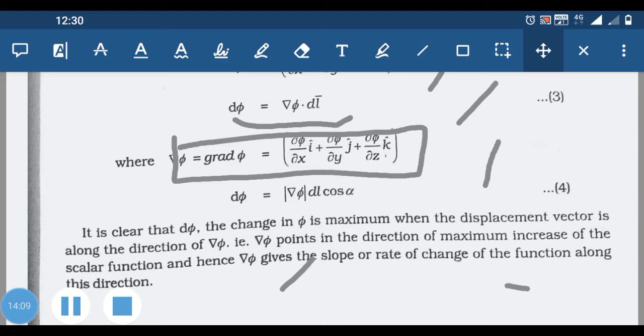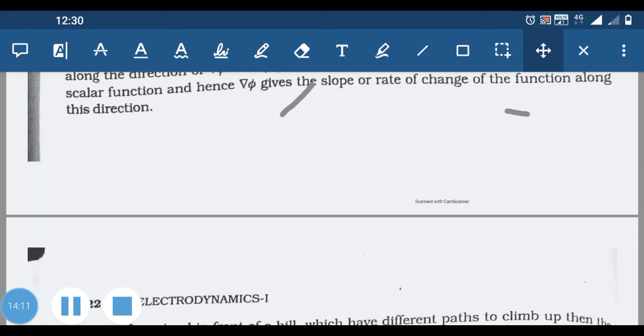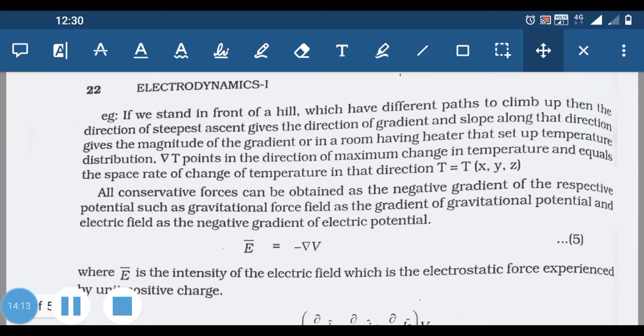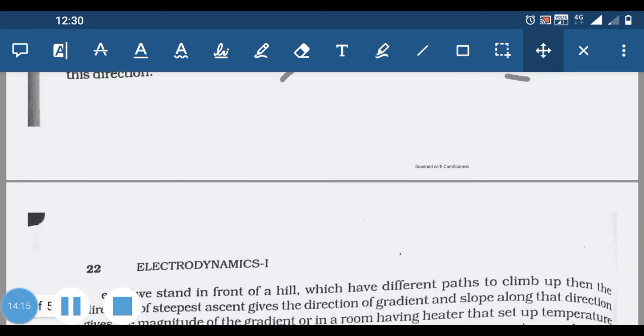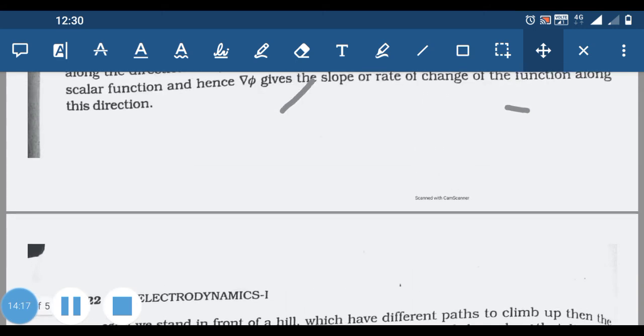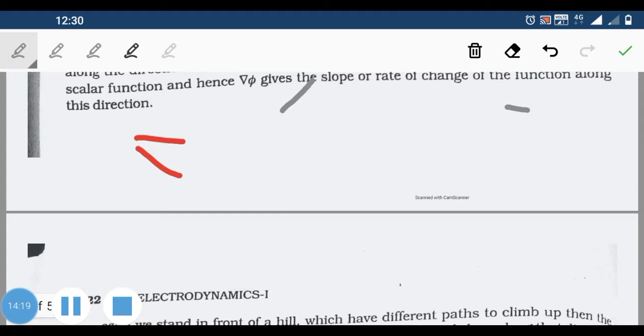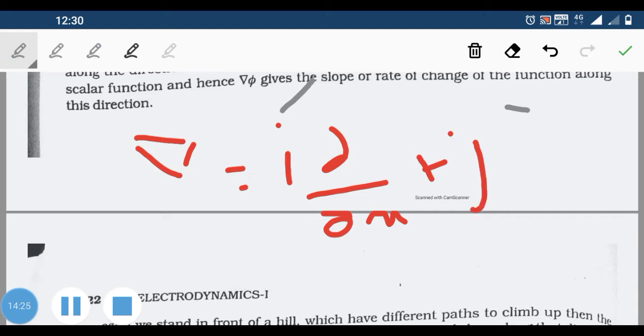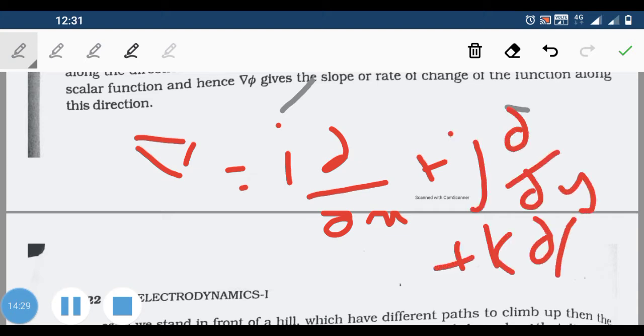The representation of grad is given by the del operator: del is equal to i dou by dou x plus j dou by dou y plus k dou by dou z. This is the del operator.